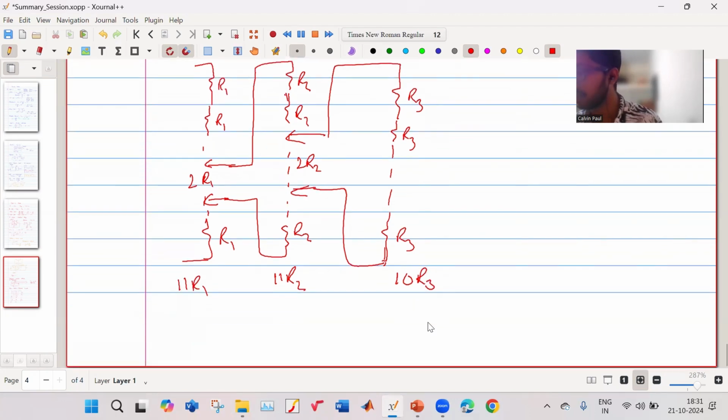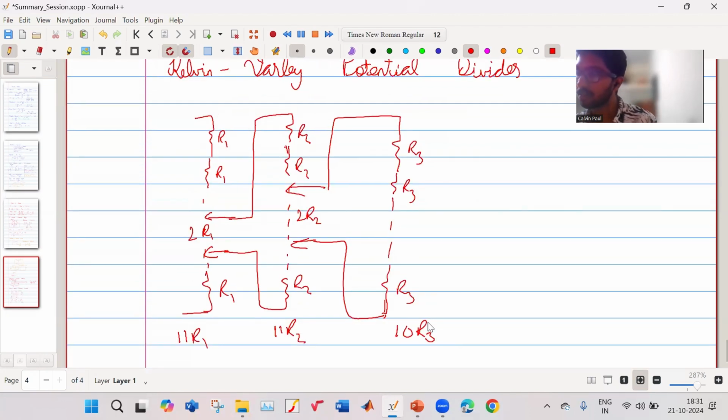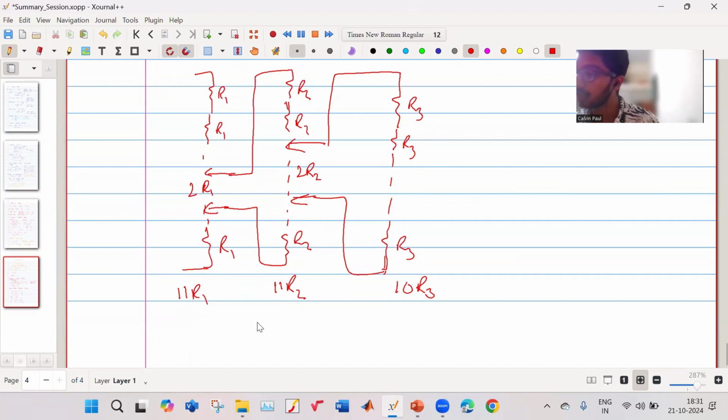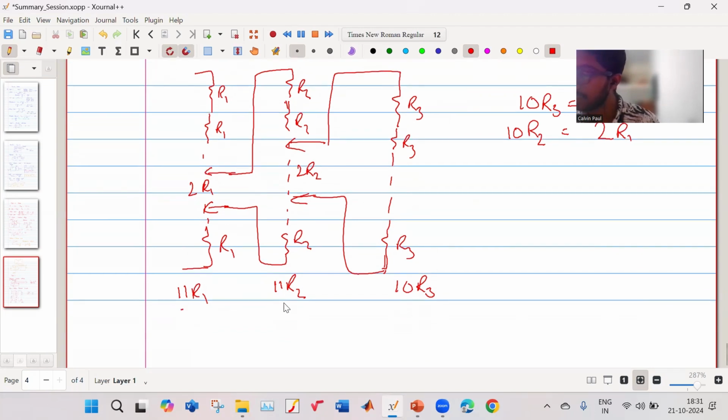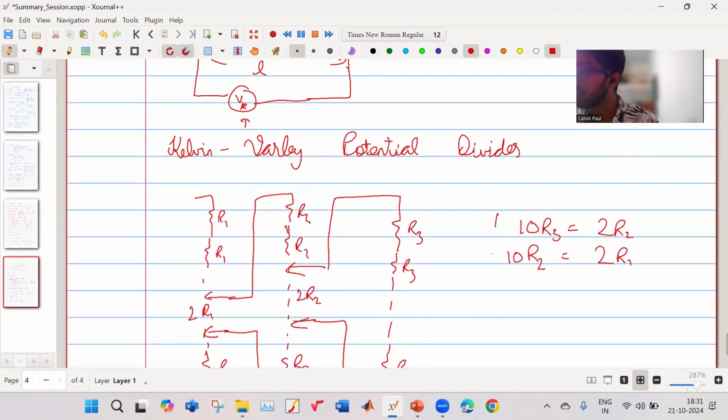The formula you must remember is 10R3 should be equal to 2R, and 10R2 should be equal to 2R1. Over here there will be 11 resistors, and in the final stage there will be 10 resistors. This formula is important for you to remember for the Kelvin-Varley potential diagram.